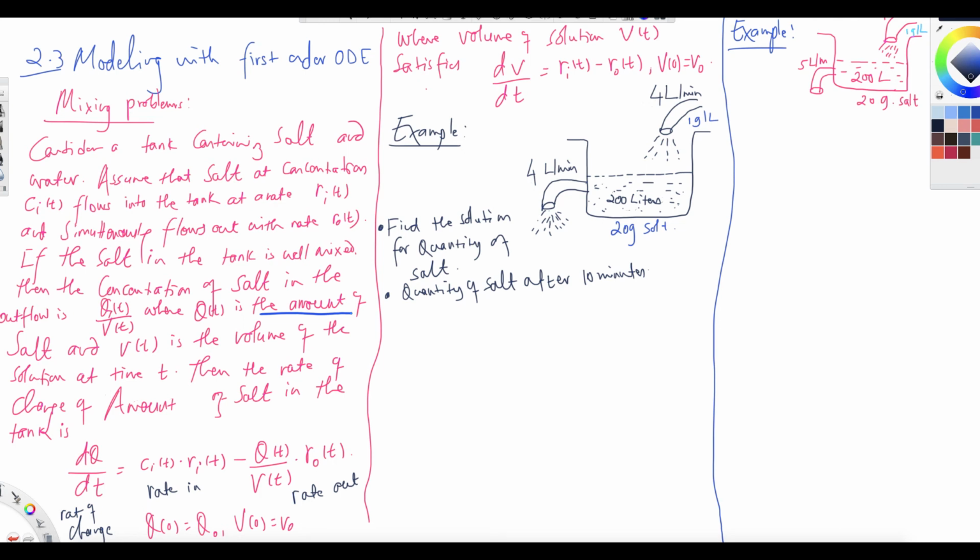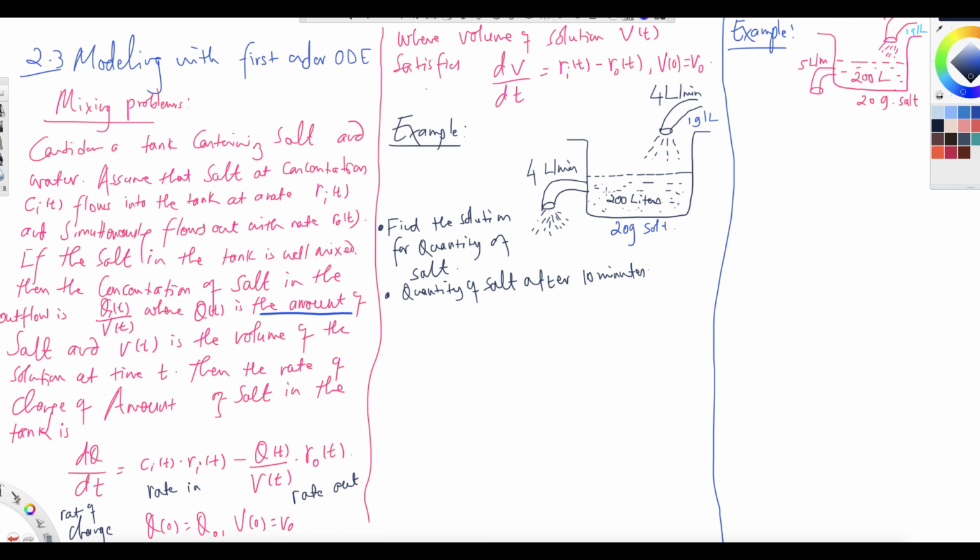A mixing problem is like this: in a tank, there is a certain amount of water or any type of solution that has salt or any kind of solute. Then water or solution is added at a certain rate, with a certain concentration of the solute, and it is going out at a certain rate.